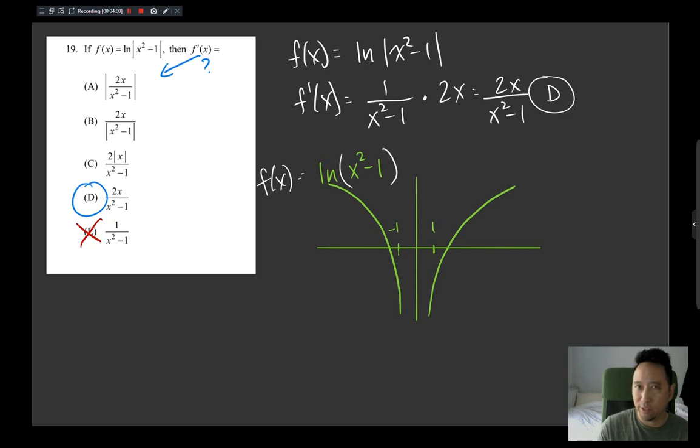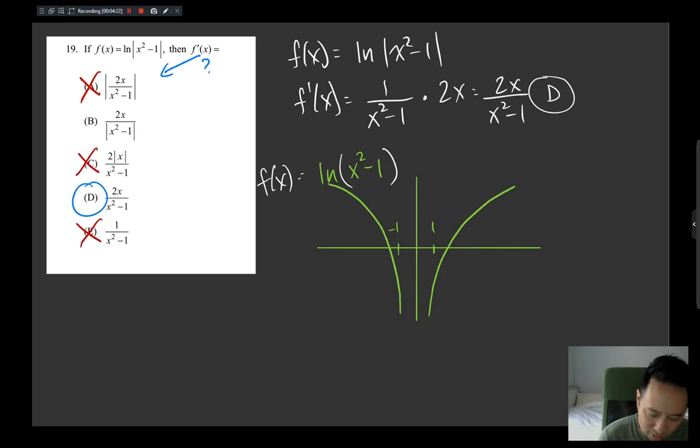But we've already discussed that this is my graph that I know so far. And in this region here, I have all negative slopes, which means this cannot be an answer choice. They're giving me all positive values. And if you examine letter choice C, same deal.